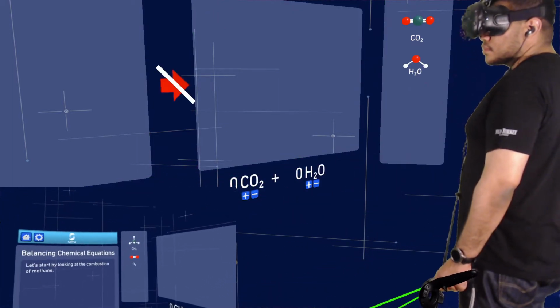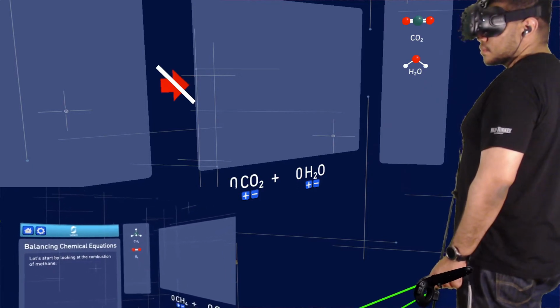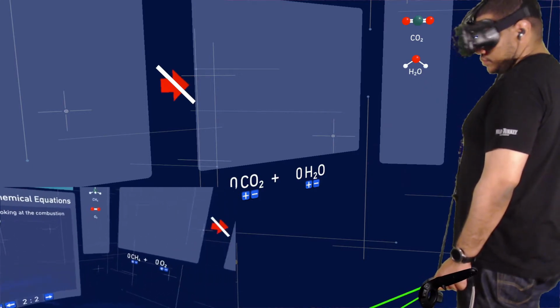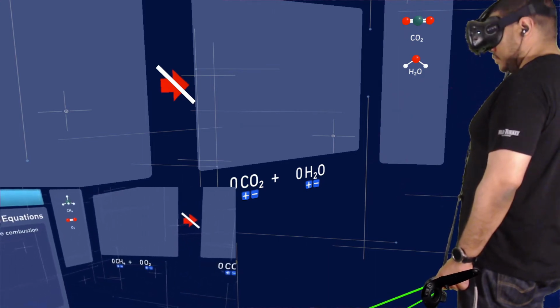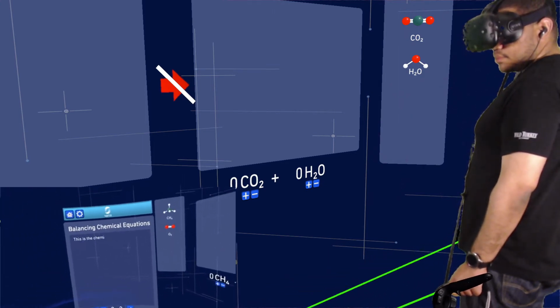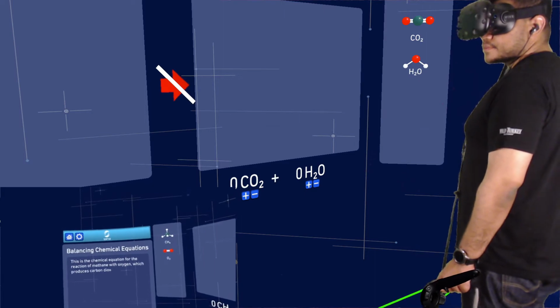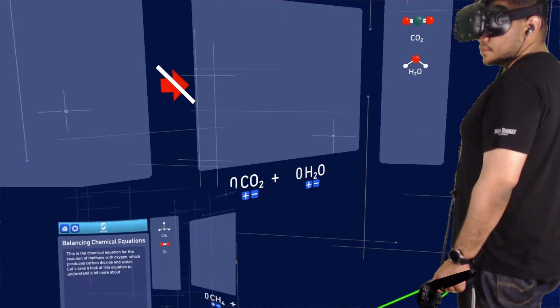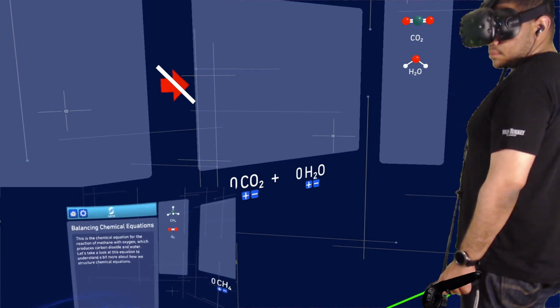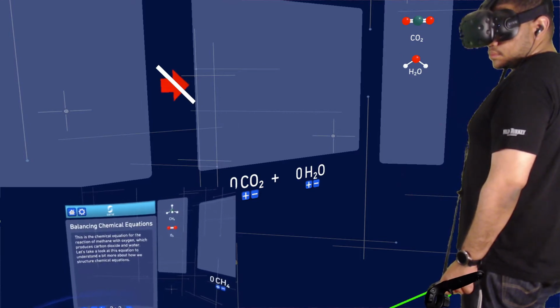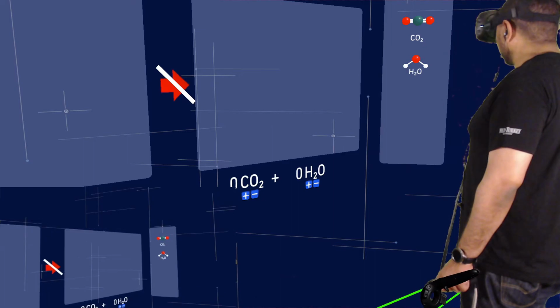Let's start by looking at the combustion of methane. This is the chemical equation for the reaction of methane with oxygen, which produces carbon dioxide and water. Let's take a look at this equation to understand a bit more about how we structure chemical equations.